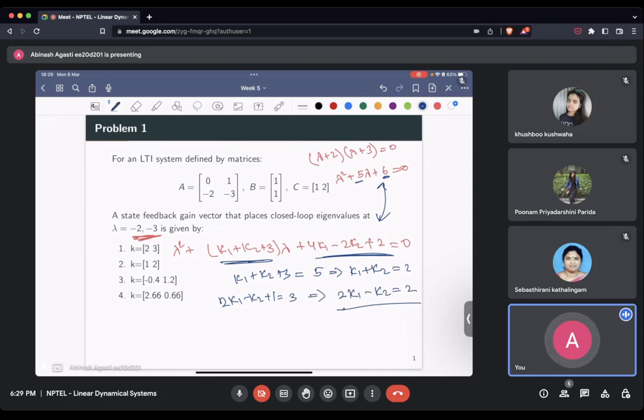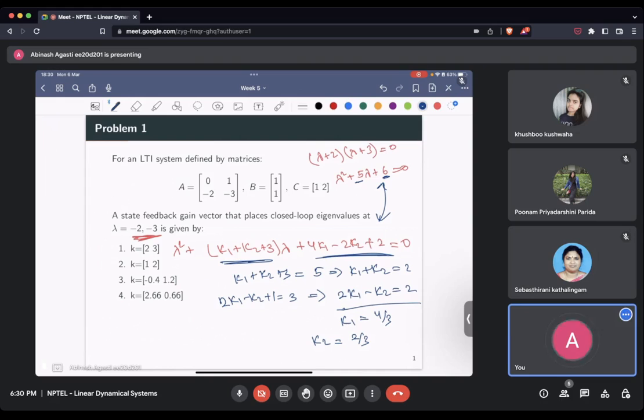So this leads to K1 is equal to 4 by 3 and K2 is what? 2 by 3, right?